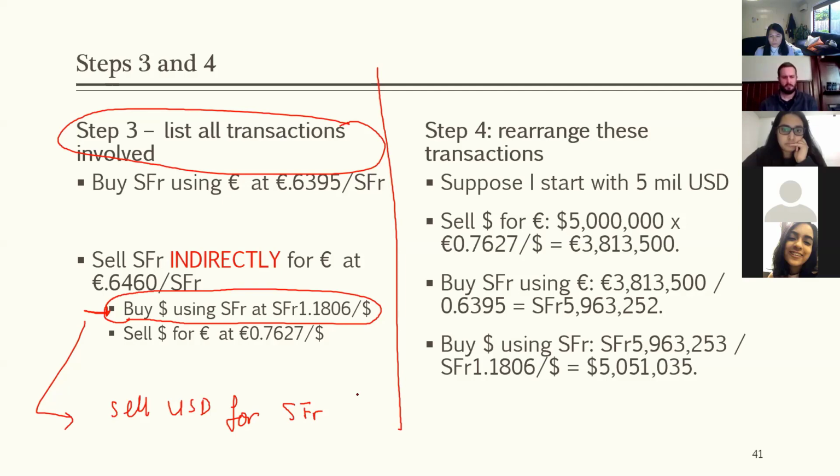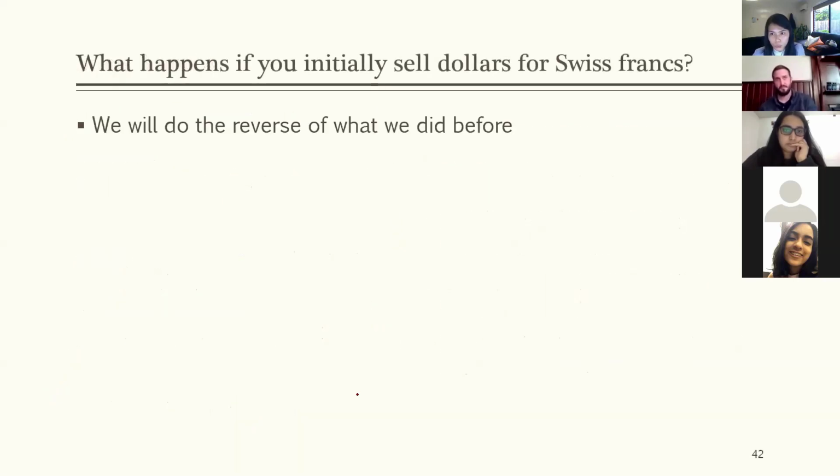The answer is obviously if you reverse the direction of the arbitrage strategy, you're going to buy high and sell low. With your arbitrage strategy, you buy low and you sell high. So when you reverse that order, you're going to be buying high and selling low. So you would expect a loss if you do so.